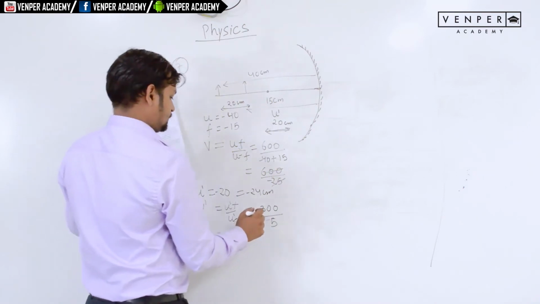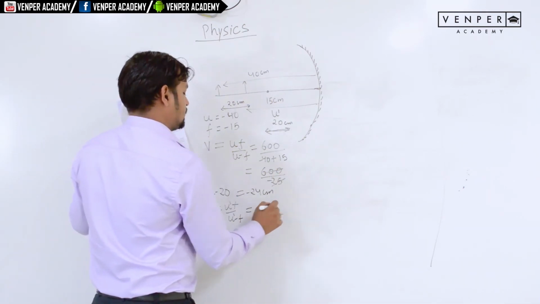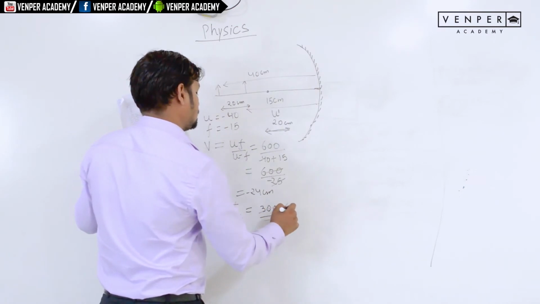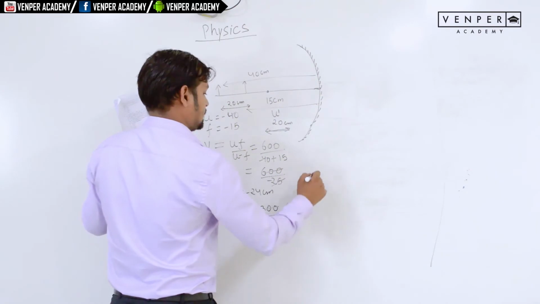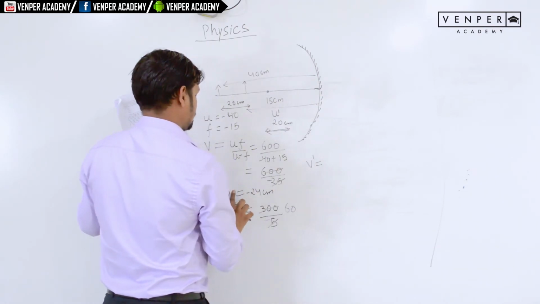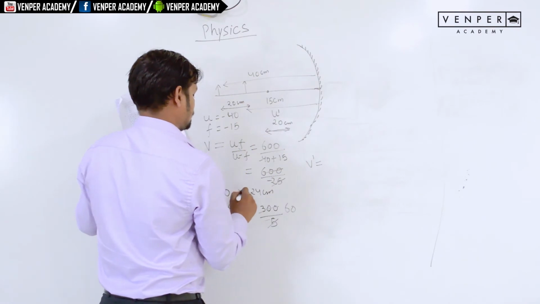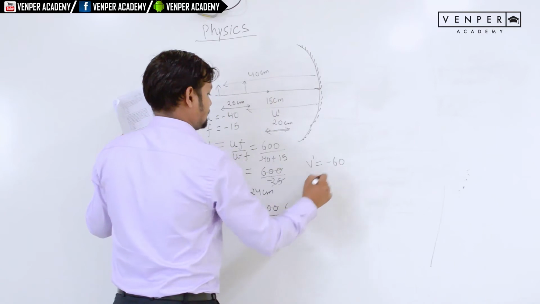Okay, so this value is 60. So V dash is equal to minus 60.